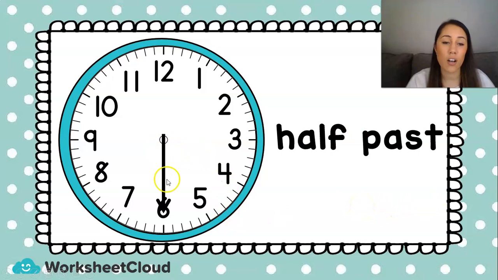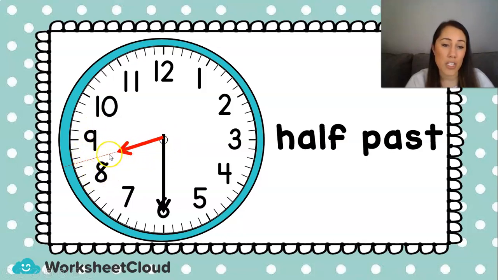Now, when the long hand is on the 6, the name we give it is half past. Now we need to look for that short hand to tell us which hour we are working in. Now we've got to look just past the 8. So the half past hour hand is always going to be exactly halfway between two numbers.